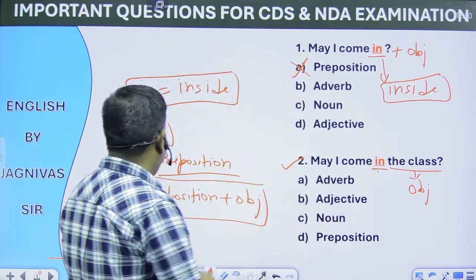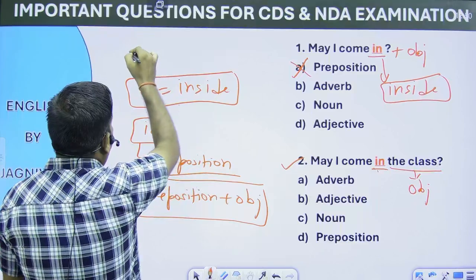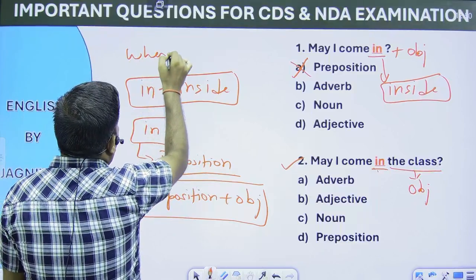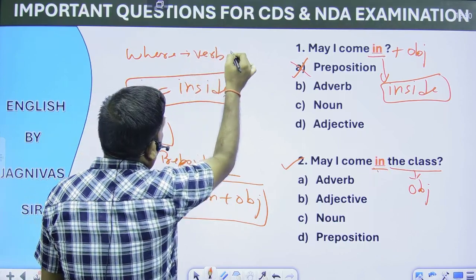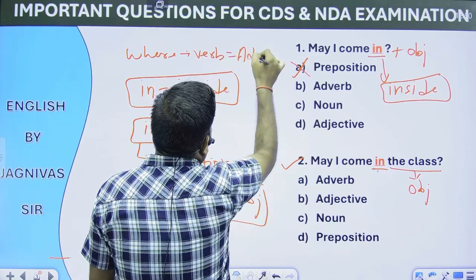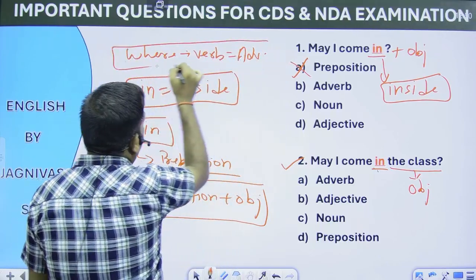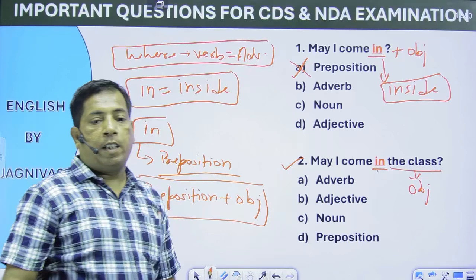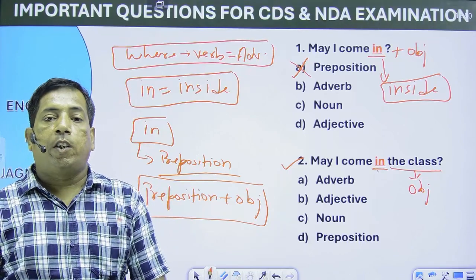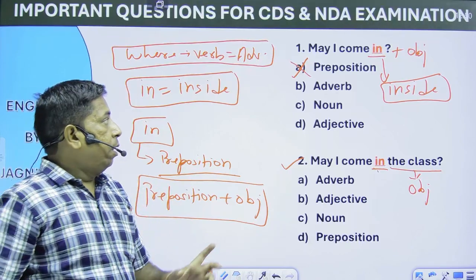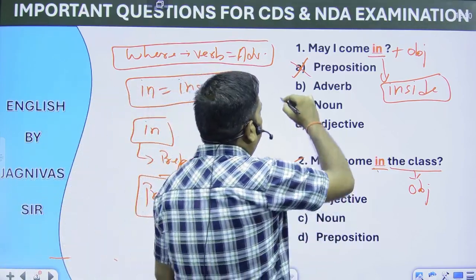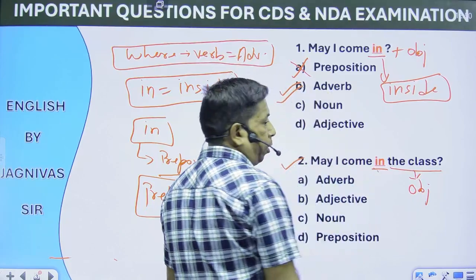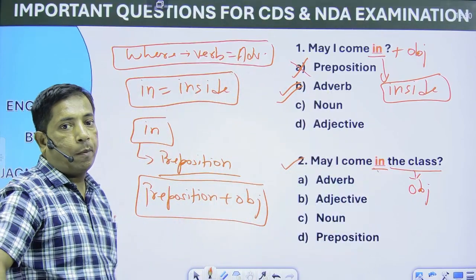And I want to tell you one more thing. When you ask where from a verb, the answer is an adverb. This is the way you can identify the part of speech of a word. So the correct answer is adverb. Clear?